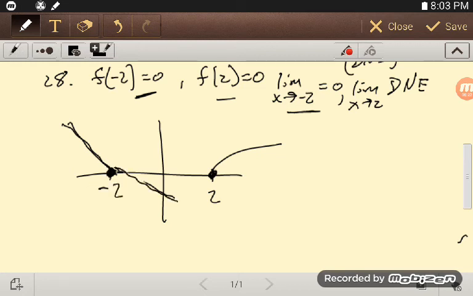I could have had it just stop here with a closed dot, but just had nothing in here, and then still the limit doesn't exist because I'm not coming in from both sides. So, whatever sort of floats your boat, but I think I kind of like it doing that. So that's what I'll do. And there we go. There's numbers 26 and 28.